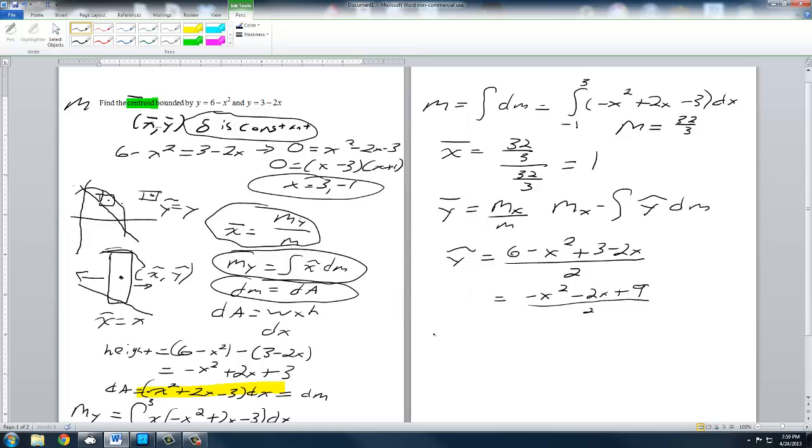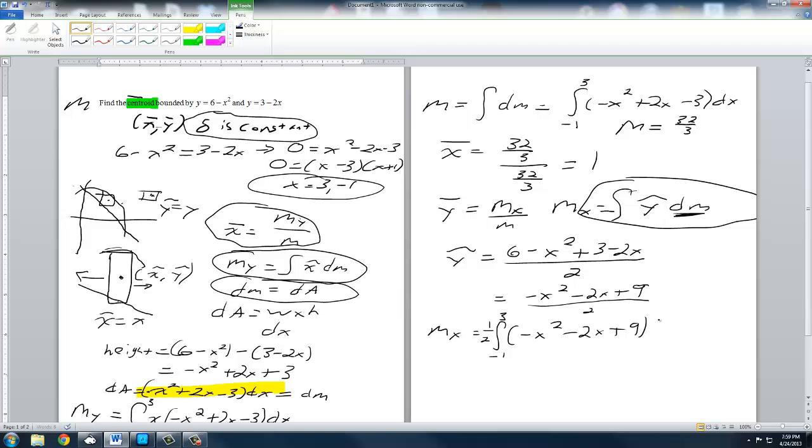The moment about the x-axis would equal the integral from negative 1 to 3 of y tilde. Y tilde is all this, but I'm going to yank the 1/2 out front. I think that's easier if we do that. So negative x squared minus 2x plus 9 times, right here, dm. dm we've already done. dm actually is here in yellow.